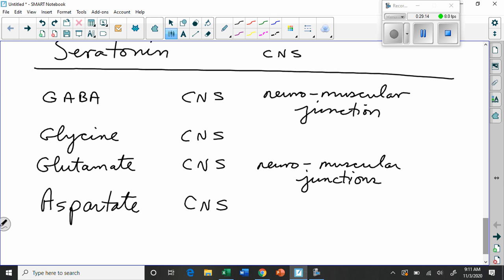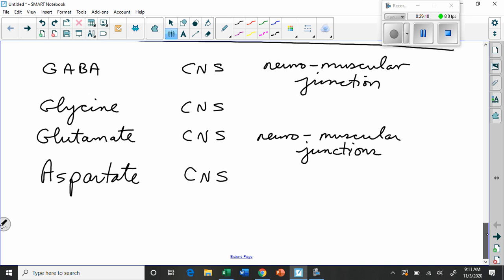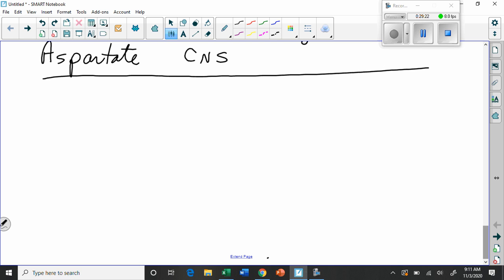So, and then we have a couple of weird ones. Well, I call them weird ones because they're not as common. You don't hear about them when you read health articles and things like that. But this other one is called substance P. Interesting name, substance P. And what it basically is, it's what we call a neuropeptide.